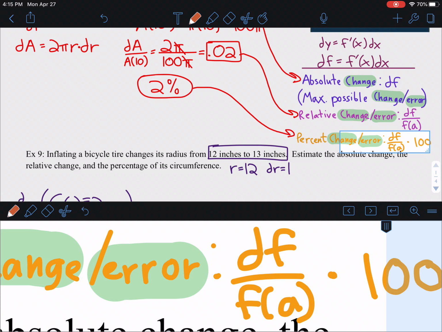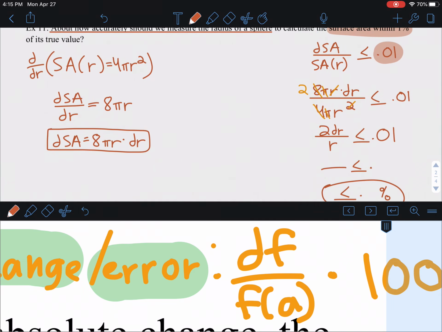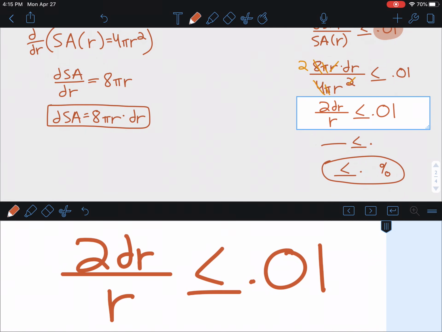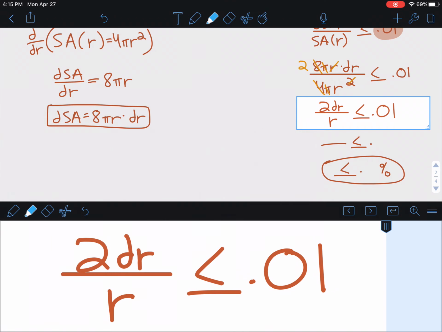But this is actually the same calculation for any variable that you're dealing with. So if I have this inequality here, what I'm trying to isolate for is dr over r, right? That is the differential of the radius over the radius. That's the part I want to get by itself. So how am I going to do that?